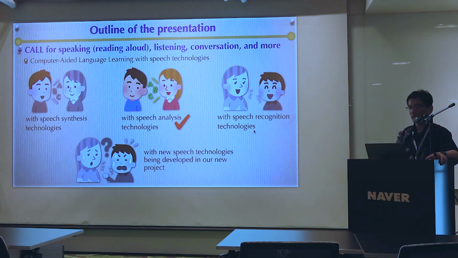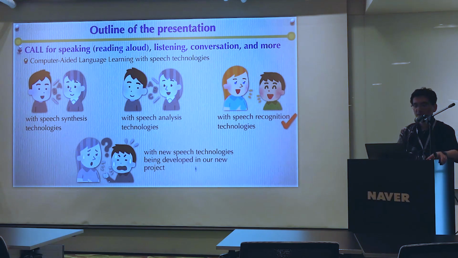The next one is that we focused on students' ability of conversation. What is conversation? If you say conversation is just speaking and listening, we already supported learners in speaking and listening. But I think conversation is something more than a simple summation of speaking and listening.